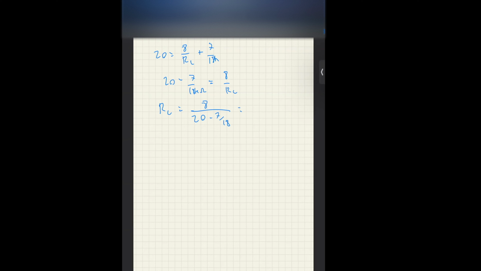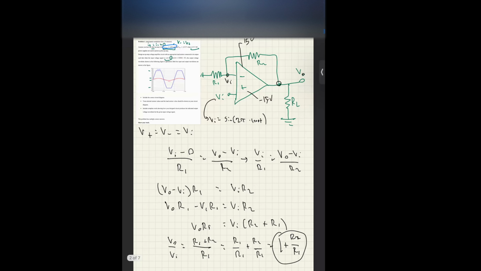When you calculate this in a calculator, it'll tell you it's equal to 0.408 kilo ohms, of course. Now, in ohms, this is going to be 408 ohms, and this is equal to RL. So just using circuit analysis and algebra, we were able to attain the value of 408 ohms for our load resistor, given the values that we have in this equation.